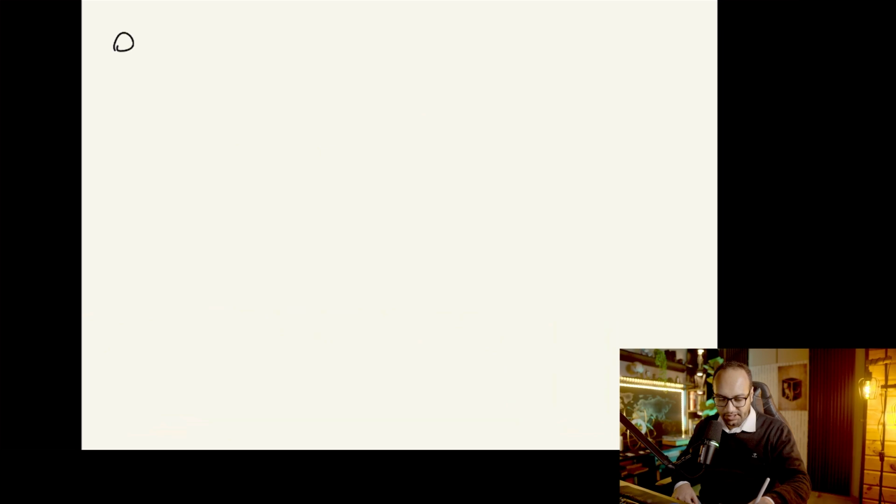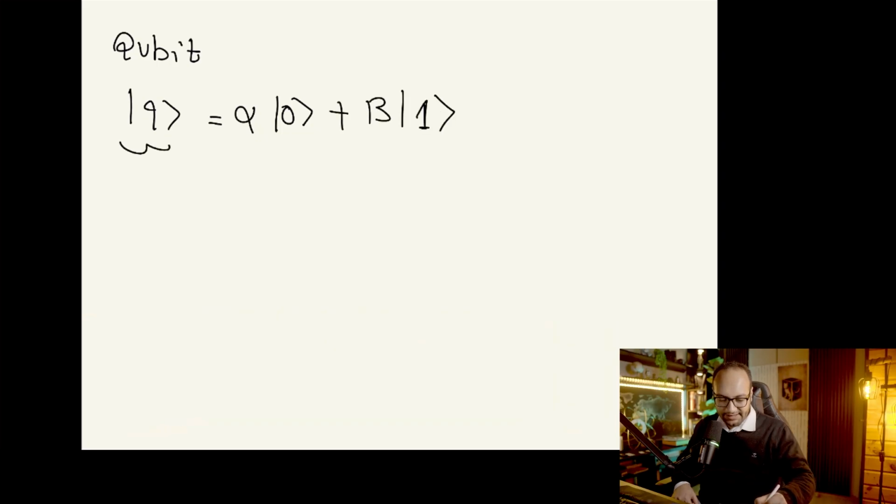For a qubit, this means that the qubit is a two-dimensional living object. It's a two-dimensional quantum state. So we have alpha times 0 plus beta times 1. This is called the ket, and the ket means that now the state is expressed leveraging the vector notation.